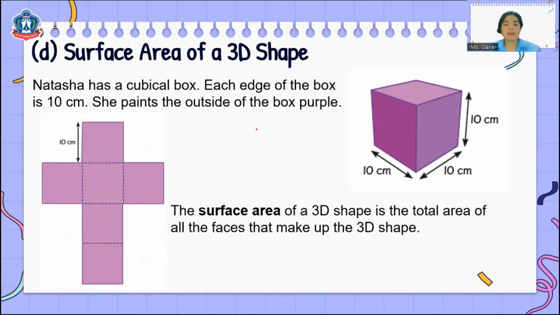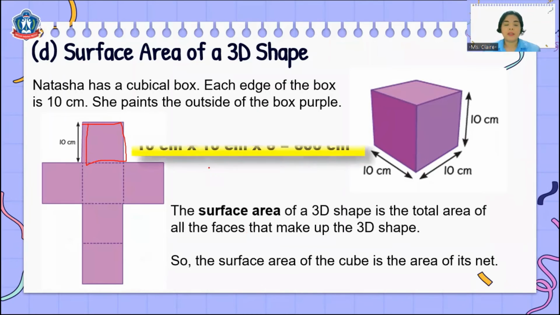The surface area of a 3D shape is the total area of all the faces that make up the 3D shape. Since a cube has 6 squares, to find the surface area of the net of this cube, all we need to do is find the area of one square, and multiply it by 6 because there are 6 squares in a cube.